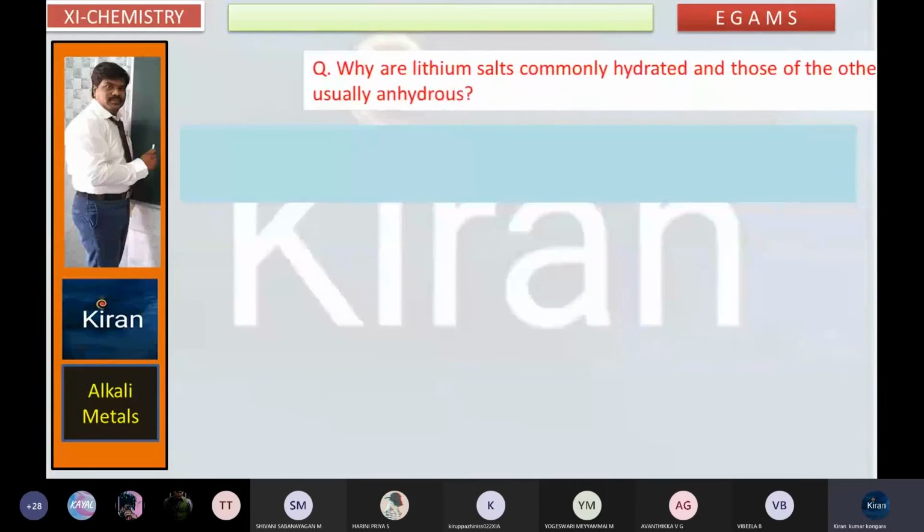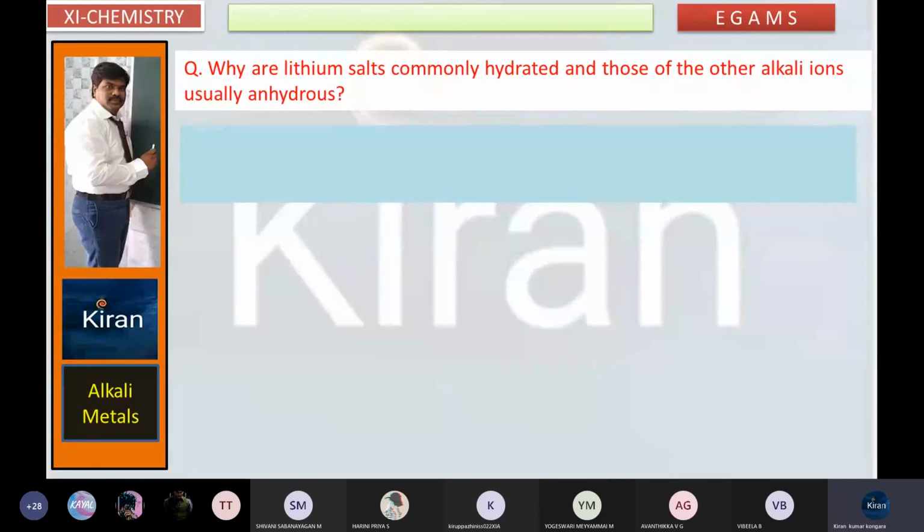Why are lithium salts commonly hydrated and those of other alkali ions usually anhydrous? We have seen that all lithium salts, for example lithium chloride, are available in the hydrated form, but other salts are not.